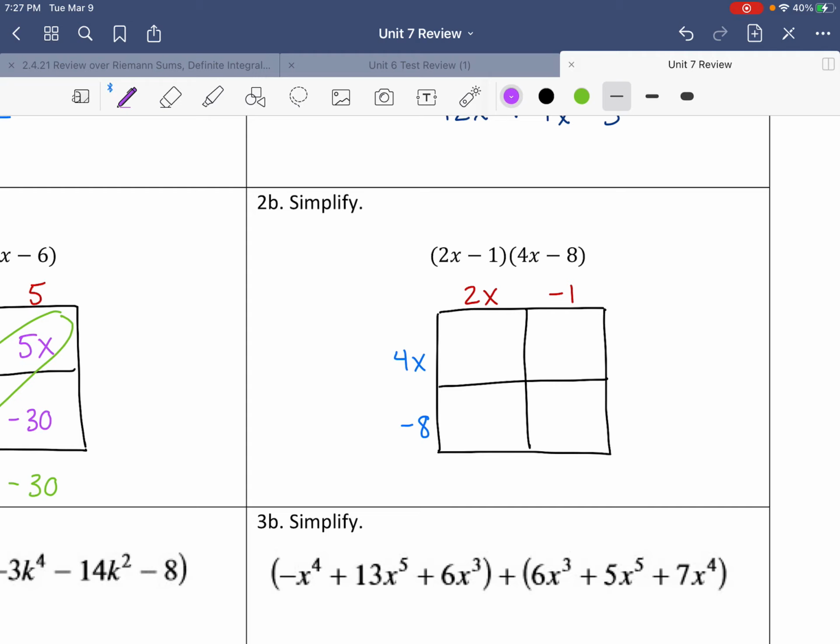So when I multiply 2x times 4x is 8x squared. 4x times negative 1 is negative 4x. 2x times negative 8 is negative 16x. And then negative 8 times negative 1, remember a negative times a negative would be a positive. So that would be a positive 8.